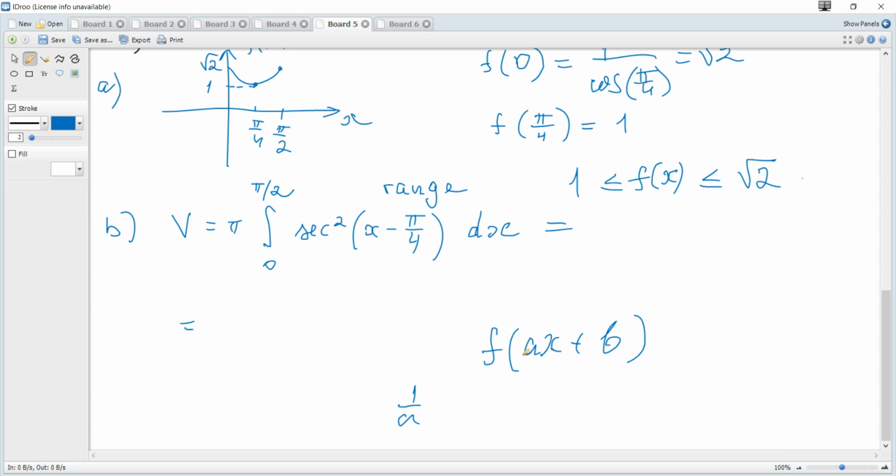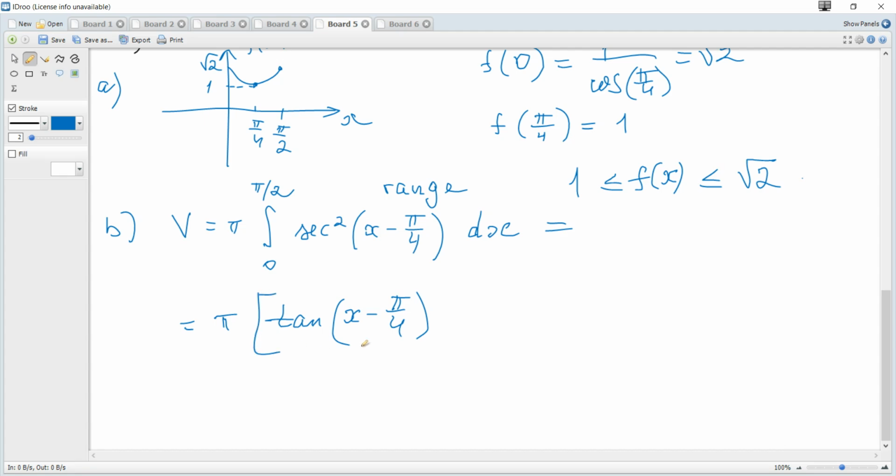Here a is 1, so nothing arises, or in general you can use substitution u, but it's not necessary. So it becomes π times tangent of (x - π/4), with limits from 0 to π/2.